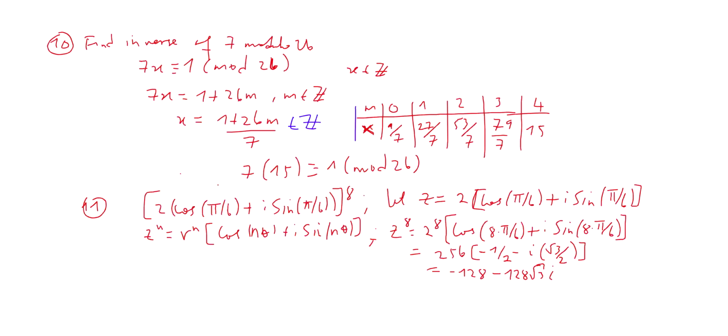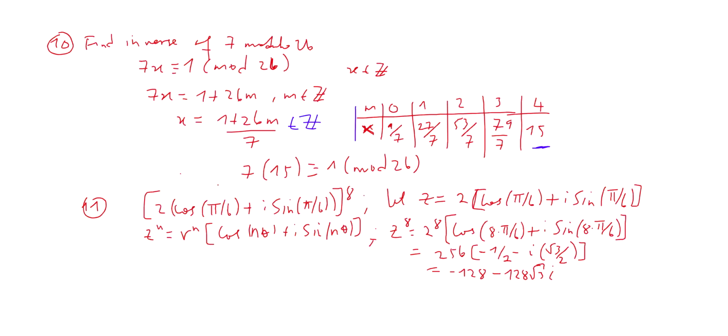We put m to be 1, we get 27 over 7, and so on until we put m to be 4, and then immediately we get 15. So in that sense, 15 will be the inverse of 7 in modulo 26.